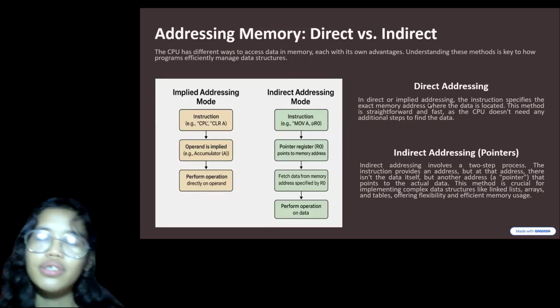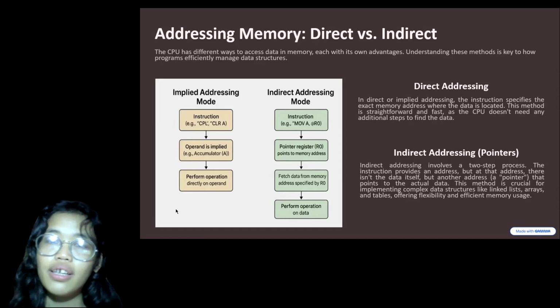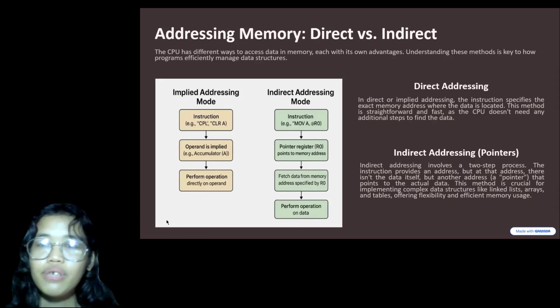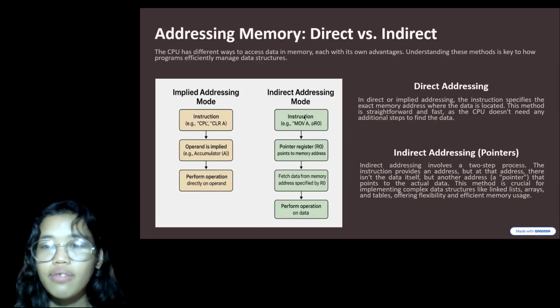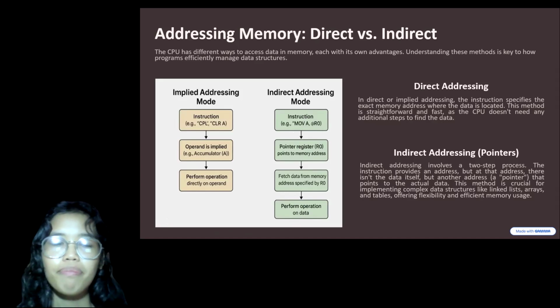First, we're going to discuss direct addressing. In direct addressing, the instruction specifies the exact memory address where the data is located. This method is straightforward and fast, as the CPU doesn't need any additional steps to find the data.